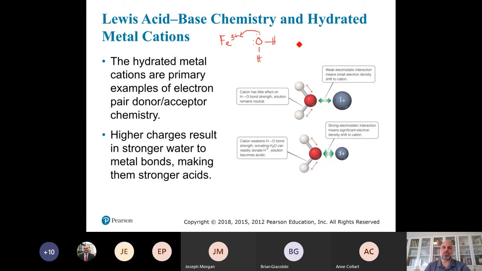What happens is this iron forms a hydrate. And you can see here what we did, and then we put a positive charge right here. So what we did was we donated electrons here. These electrons were a donated pair of electrons from the oxygen atom. So in this case, the iron 3+ was acting as a Lewis acid and the water was acting as a Lewis base.